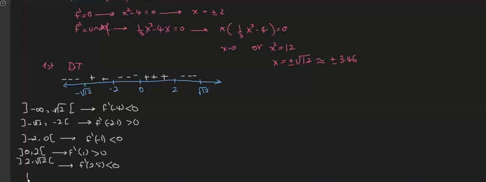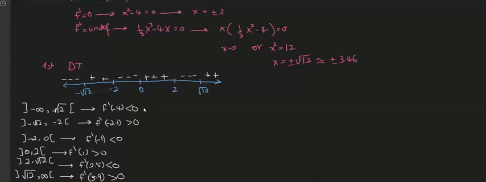And finally, from the square root of 12 to infinity, let's pick a point like 3.9, and in this interval the value is positive, which means increasing.